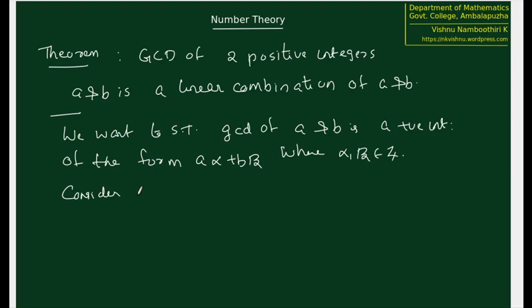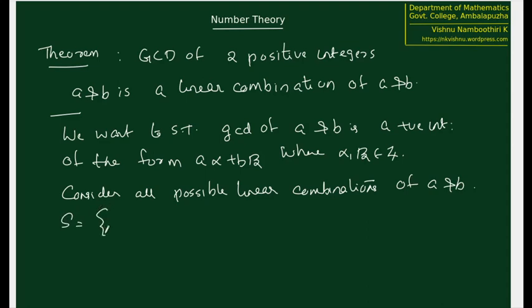Consider all possible linear combinations of A and B. And we call the set of all such linear combinations S. So S has elements of the form AM plus BN, where M and N are integers.